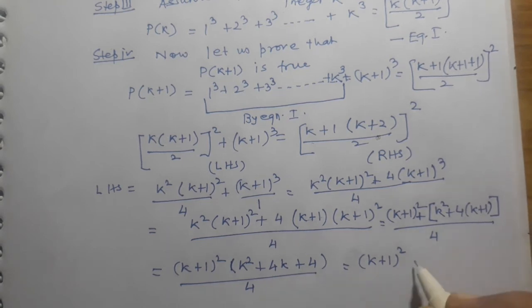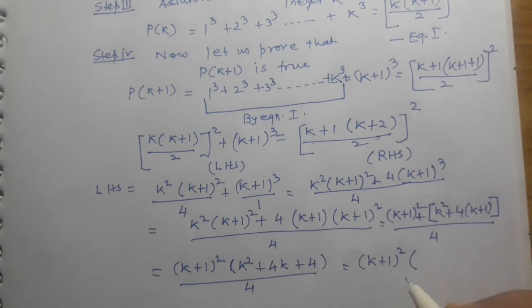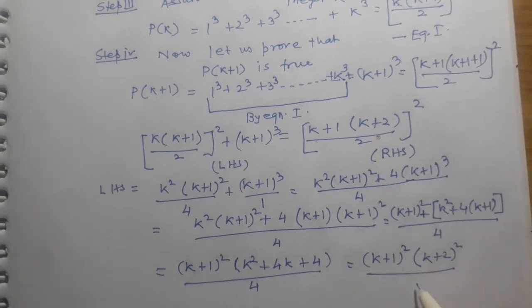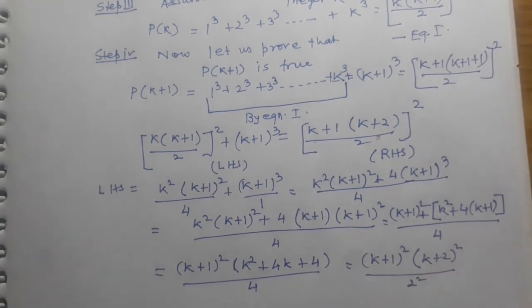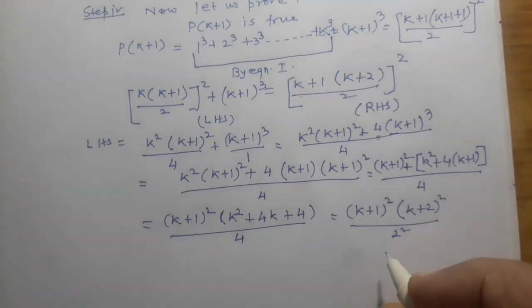And this k square plus 4k plus 4 is a square plus 2ab plus b square, with the formula a equal to k, b equal to 2, so the middle term will be 4k. So it will be k plus 2 whole square, and this 4 we can write as 2 square, right? So we are seeing that all are squares.